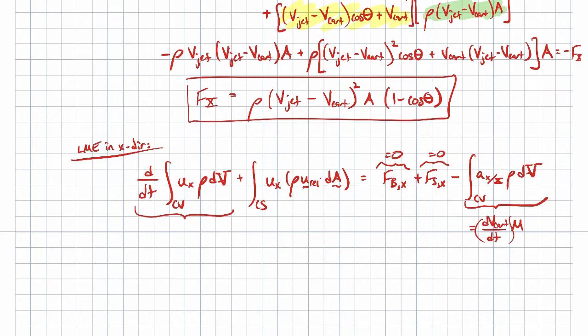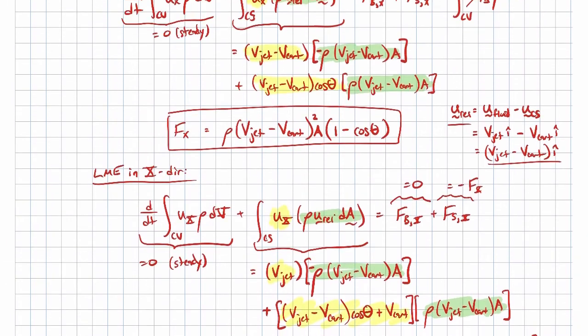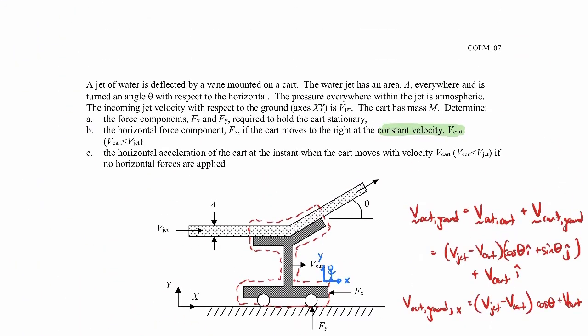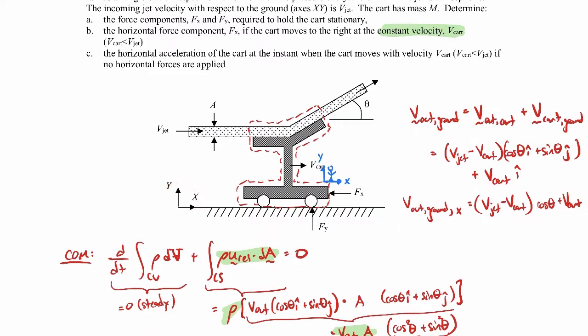Let's talk about this term. This one's kind of interesting. This is how the linear momentum inside the control volume changes with time. Now, it's specifically using our little x coordinate system. So relative to the ground, let me go back up to the picture. Relative to the ground, the cart is accelerating now.